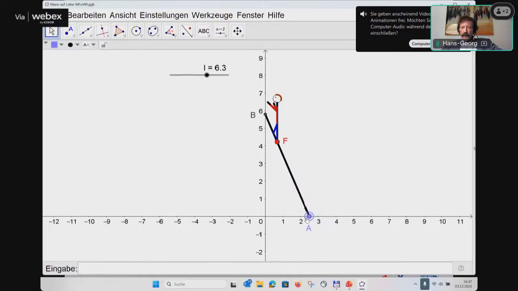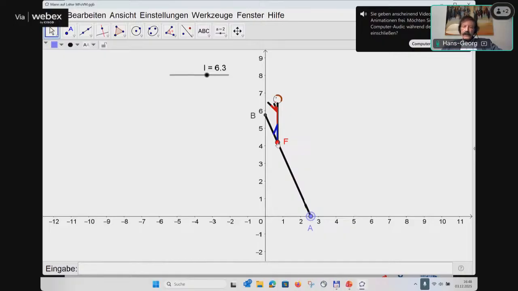So if I move this, what is the curve, the locus of this point? If you don't know this problem, you can think about how it is here.